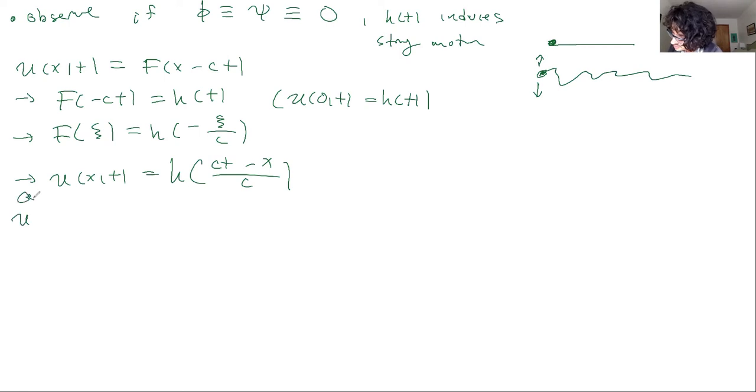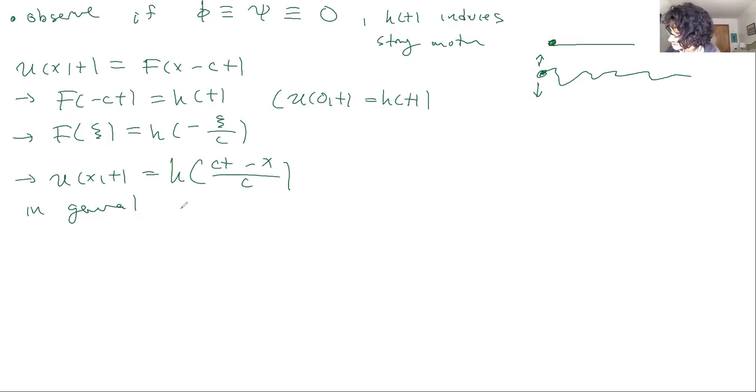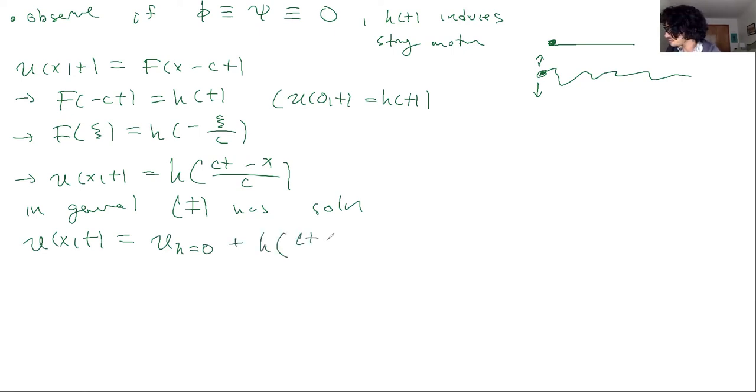And in general, let's just close with this. If we take this initial boundary value problem, and let's call it, I don't know, double dagger or something like that, this is going to have a solution given by the superposition, or sum, of the solution when h is equal to 0 plus h(t - x/c).